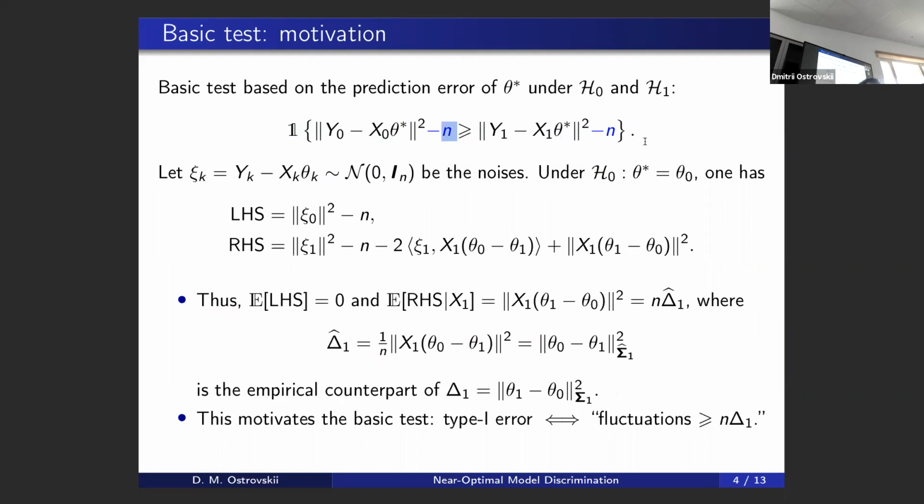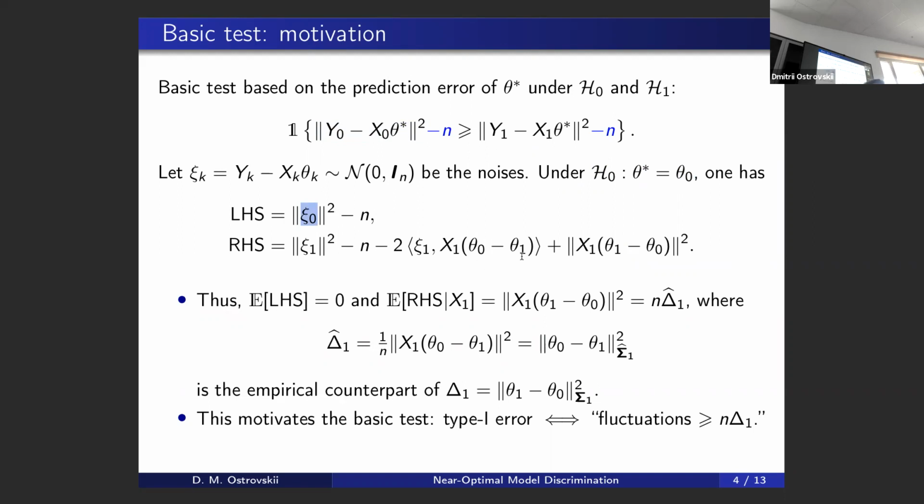So let's try to analyze this procedure. Hopefully I convinced you that it makes some sense. Now let's try to analyze what's going on. Under H_0, without loss of generality, say H_0 holds. Theta star is equal to theta_0. Then in the left-hand side, the squared term is going to be the square of the noise, so it's a chi-square with n degrees of freedom.